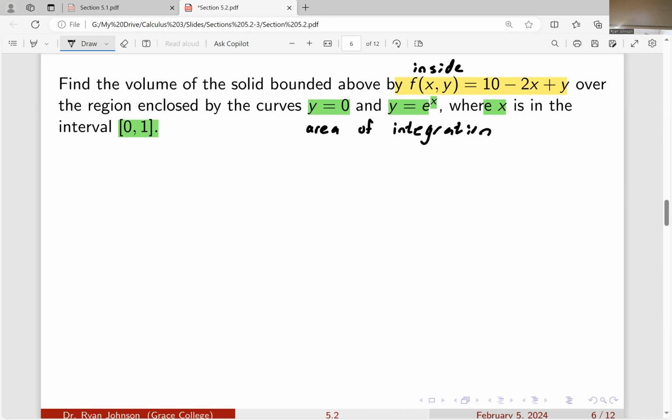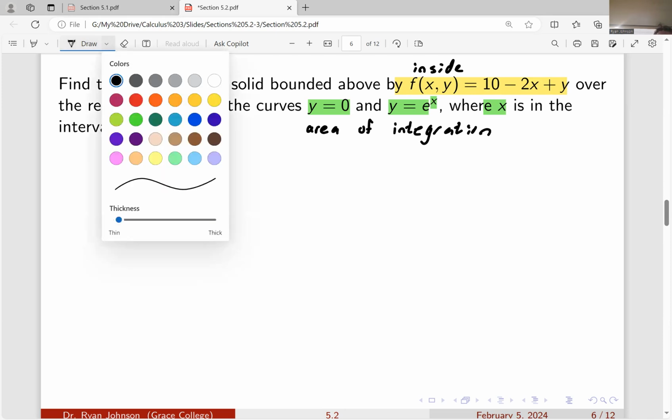Okay, so let's draw my area of integration. My area of integration is from y equals 0 to y equals e to the x, from x equals 0 to 1. So 1, 2, and change.